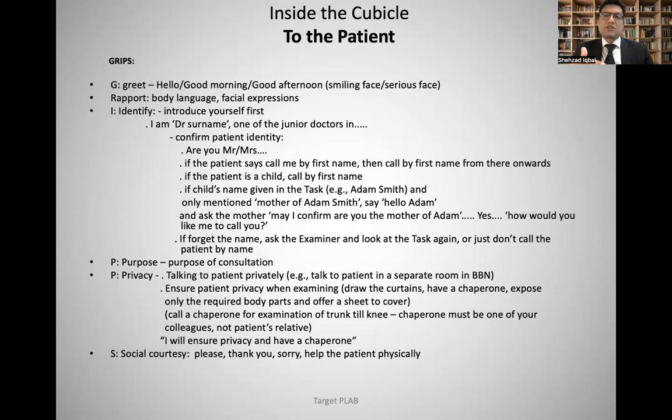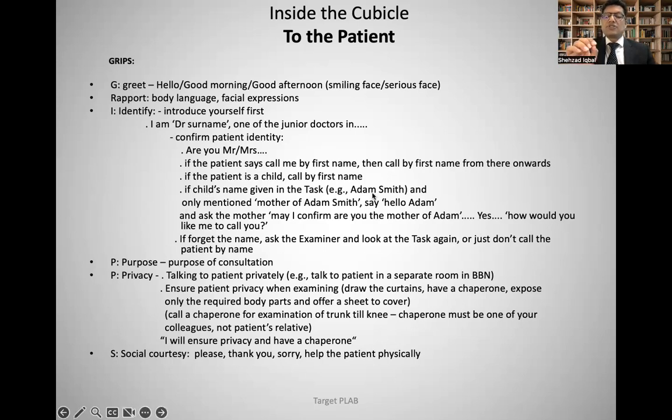Unless the patient themselves says to you, doctor, it's okay, call me Charles. Okay, thank you, Charles. And then you will call them Charles. So it's easier, it's quicker that way.